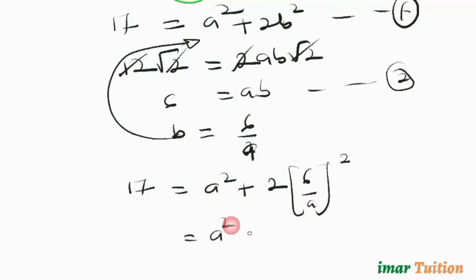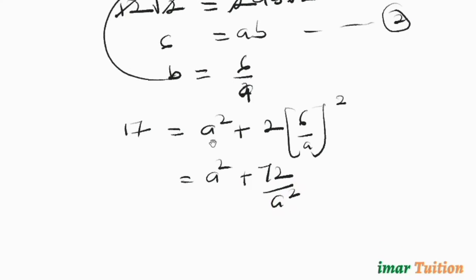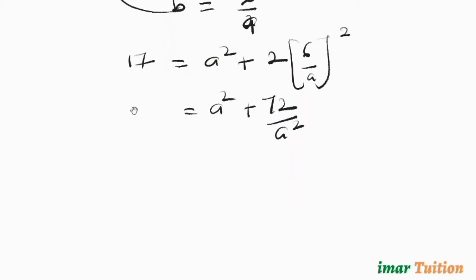That gives you a squared plus 6 squared is 36, that is 6 times 6, 36 times 2, 72 over a squared. So we'll have 17 equal to a squared plus 72 over a squared. So let's multiply through by a squared.